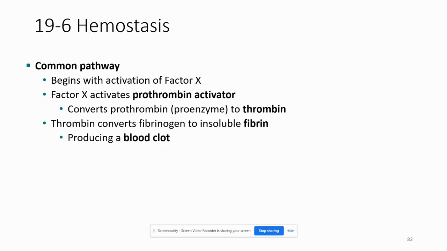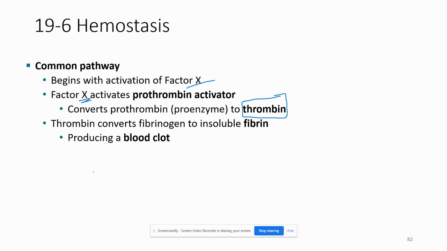Common factor. Again, factor 10 is present. Prothrombin is going to be activated by factor X, and that'll get prothrombin to thrombin, the active enzyme form. And thrombin is going to get us fibrinogen, which is insoluble, to fibrin and get us the clot.